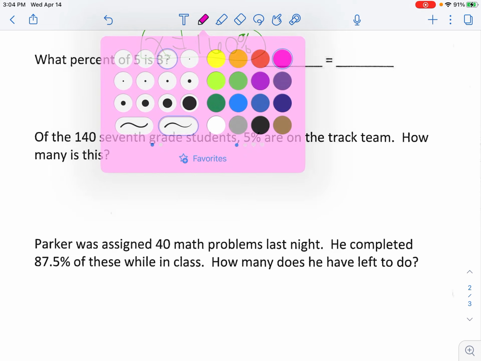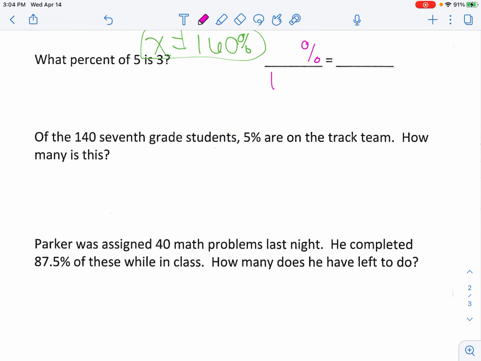All right, setting up my proportion. What percent of 5 is 3?